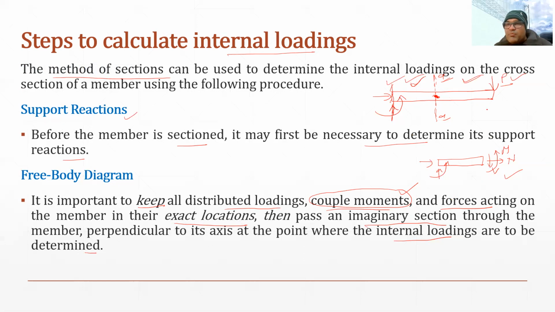Sorry, if I have to make the free body diagram of the right hand side part, in that case I will make the beam. There is a load acting on it, which is say P, and on this face I have to show the internal loading.